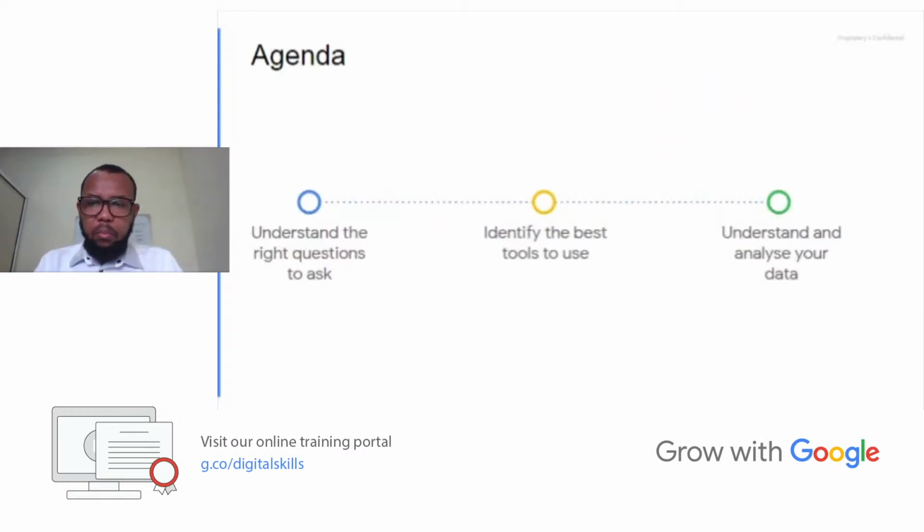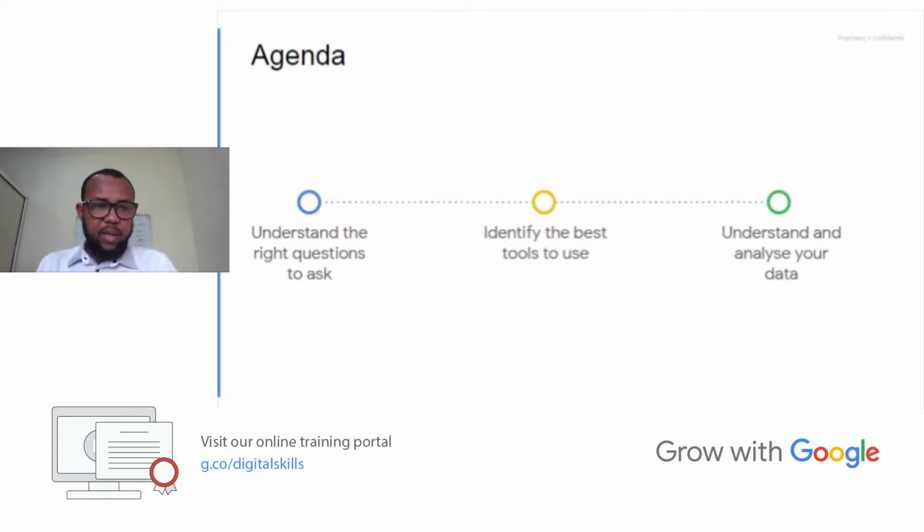So this morning we have three agenda we'll be looking through. By the time we finish this session, we're able to understand the right question to ask when analyzing data, along with a knowledge of the best tools to use and the ways they can analyze and understand the data sets.